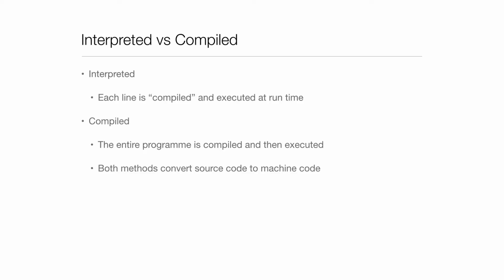There are two ways of running code in programming languages in general: interpreted and compiled. Interpreted means when you write your block of code, it will run the first line, then the second, then the third, then the fourth. If you've got a syntax error or a problem later in your code, it won't detect it until it gets to that line. Compiled looks at the entire block of code first, compiles it into one executable, and then runs it.